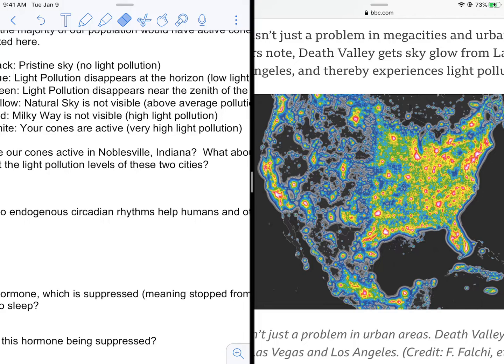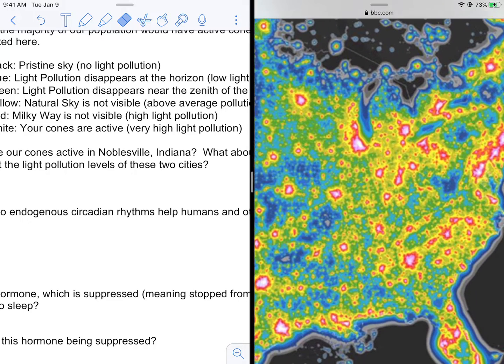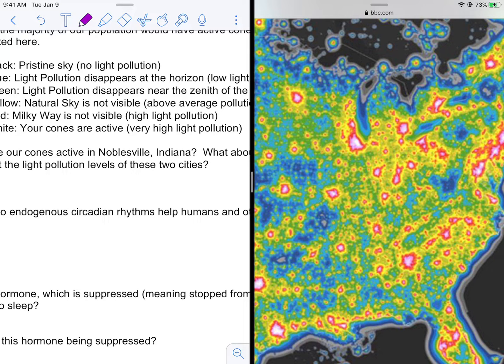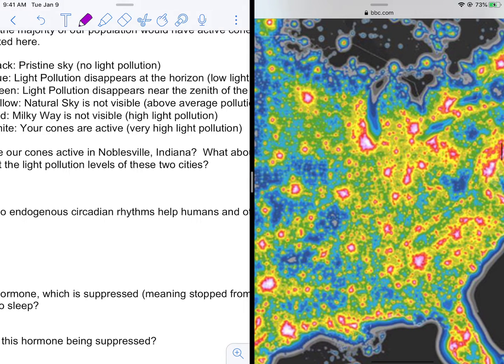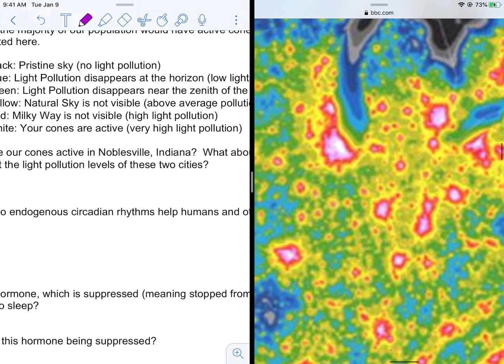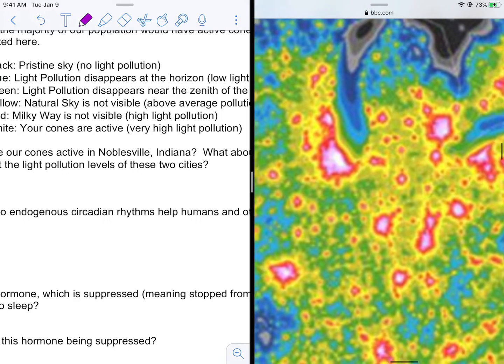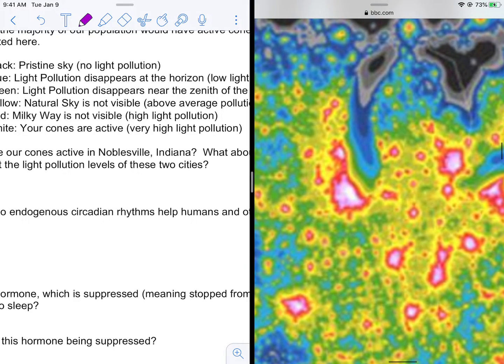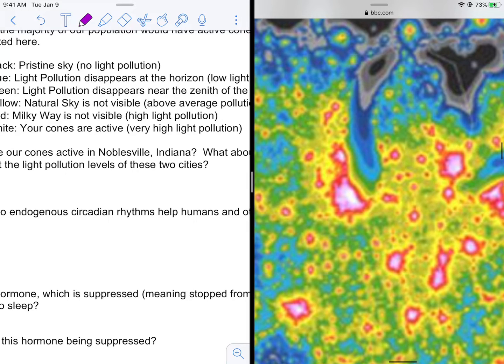Some of you who are not fluent in United States geography, I'm going to kind of help you find Noblesville here. If you know Indiana, Indiana is going to be found right here where I'm kind of hovering. So right there is Lake Michigan, that dip of blue coming downward.